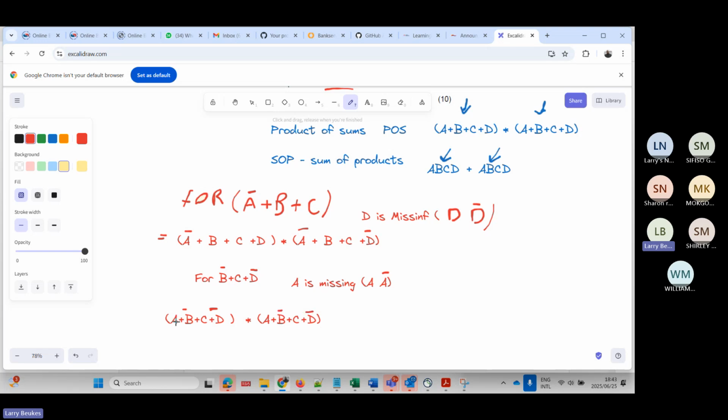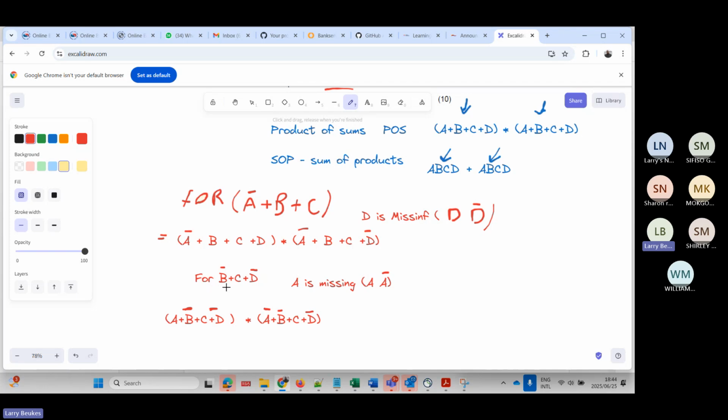So the first A should be low, and the second A should be high. We have these two to put this term in standard form.